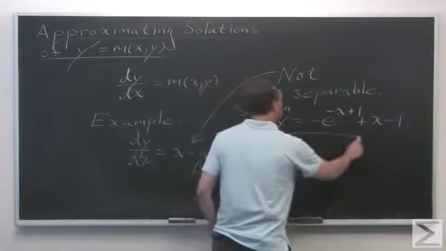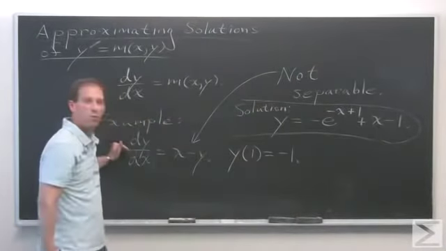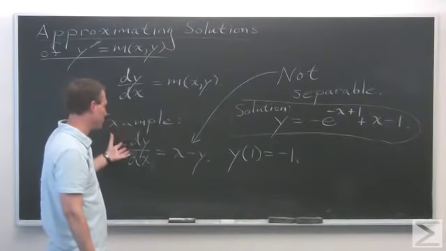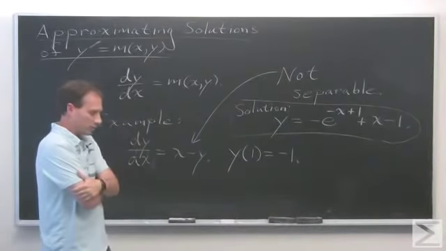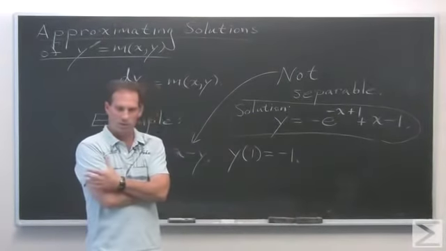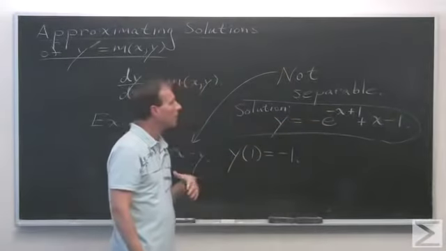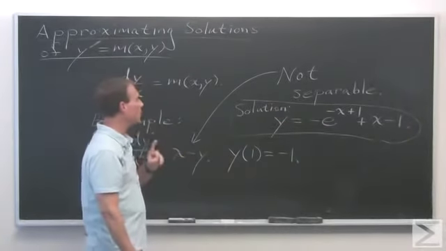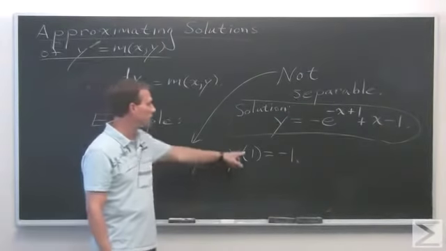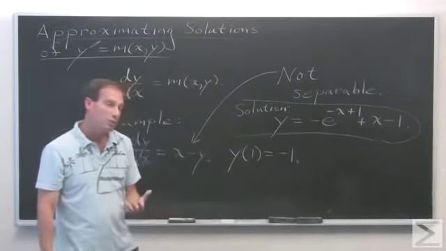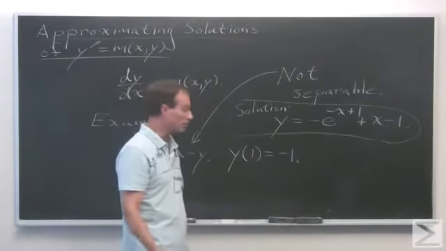Then how could you estimate the solution to this? Well, what does that even mean, estimate the solution to this initial value problem? Is that you want a function? You want to have something that's approximately this formula? No, right now we mean numerically approximate it, which means that if someone gives you a different x value other than 1, you can approximate the corresponding y value in the solution.